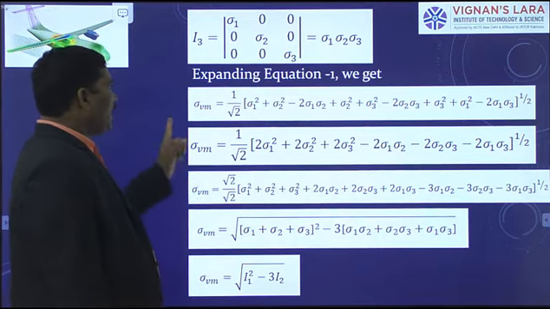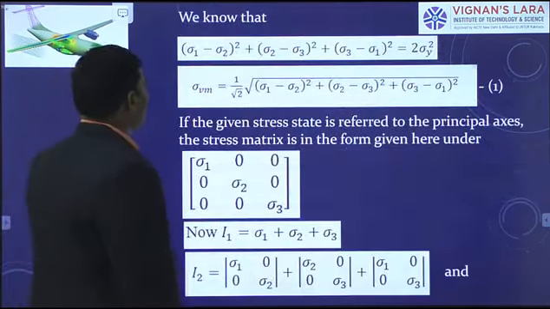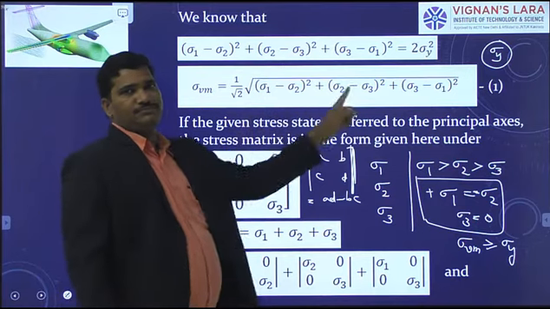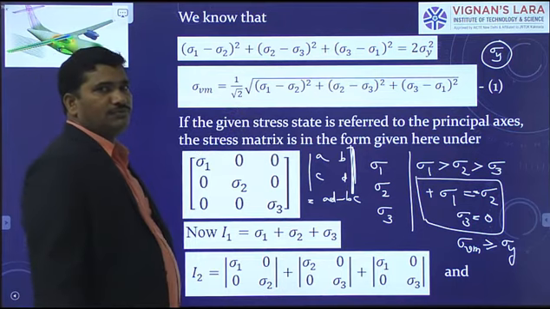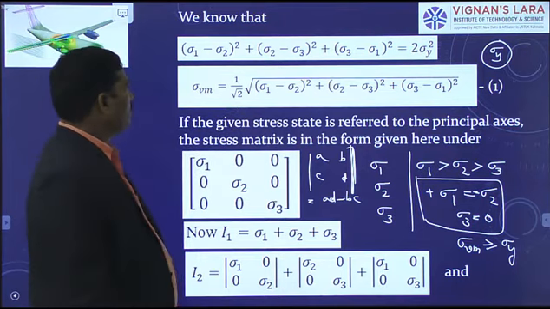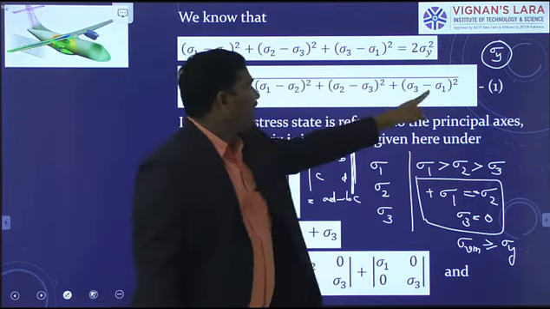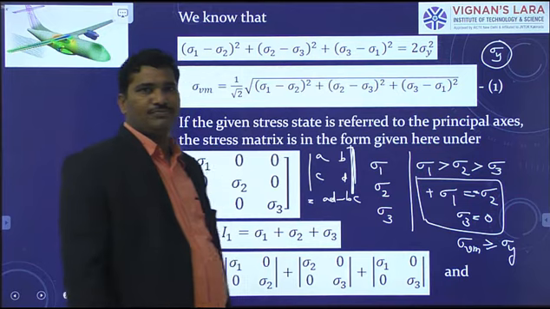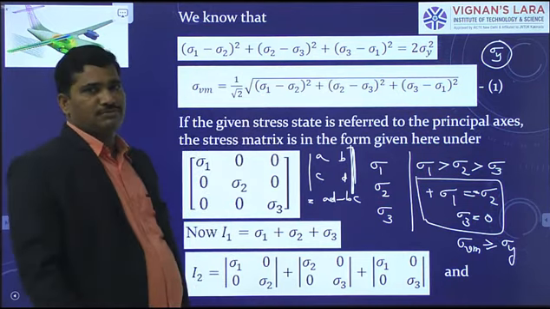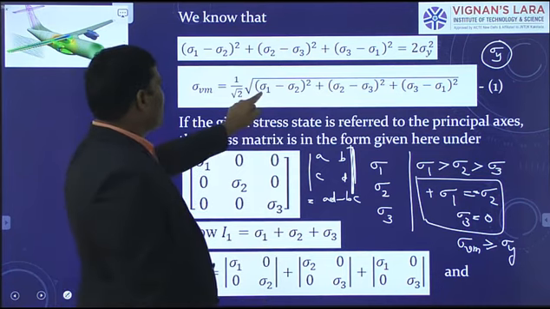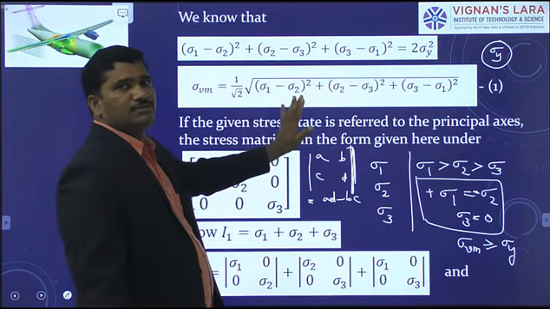Now, I take the von Mises stress, sigma Vm. We have the expression here. Von Mises stress equals 1 by square root of 2 into square root of this expression, which I expand. This is in the form of A minus B whole square, so you can expand: sigma 1 square plus sigma 2 square minus 2 into sigma 1 sigma 2.